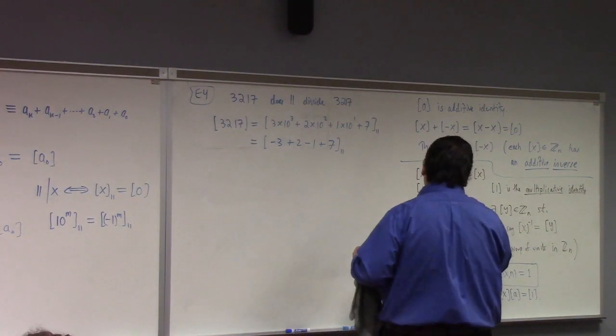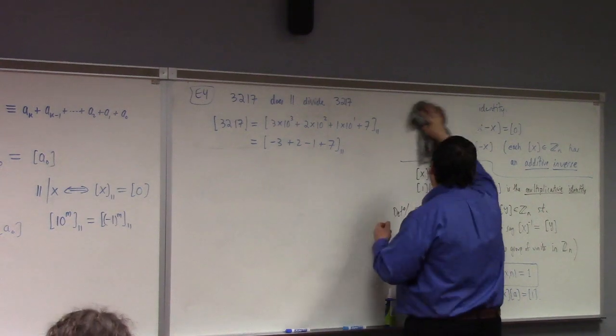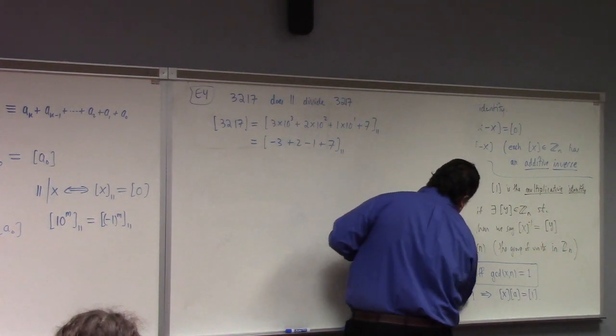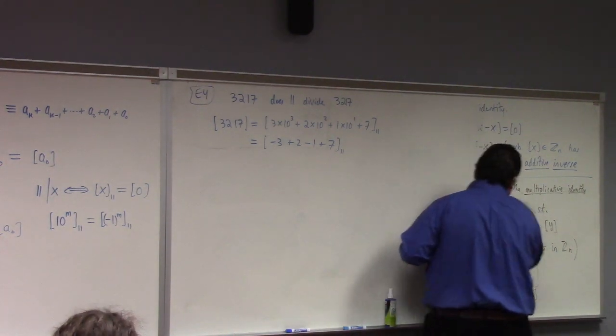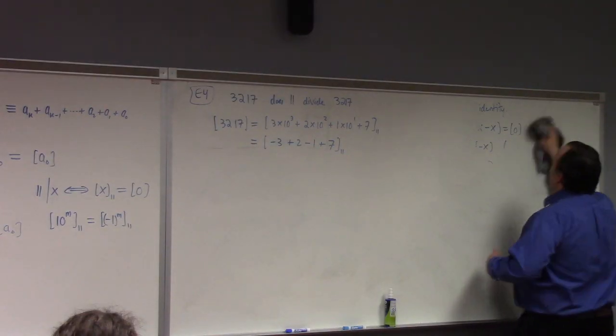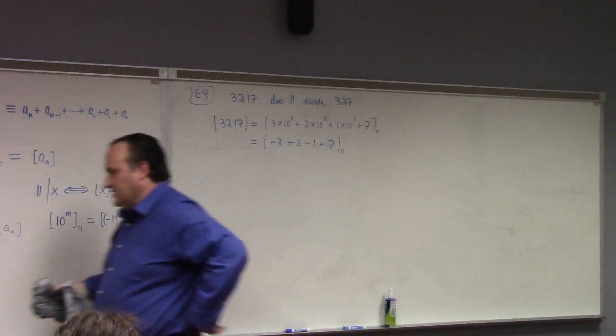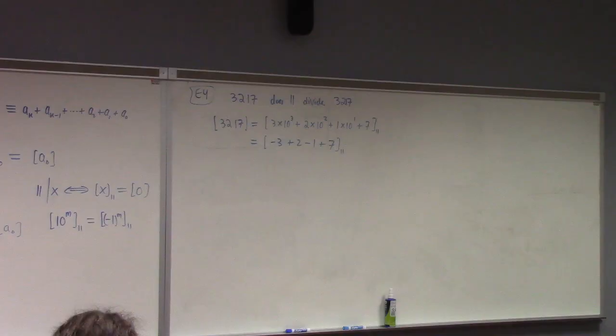Because 10 is congruent to minus 1. And minus 1 to an odd power is minus 1. Minus 1 to an even power is what? Positive. Yeah, positive. So what did we get there?